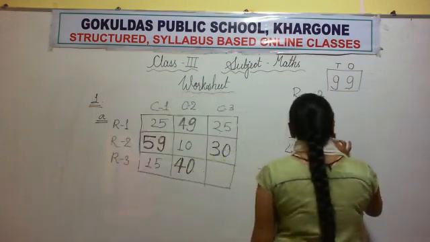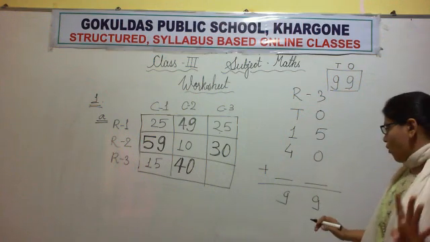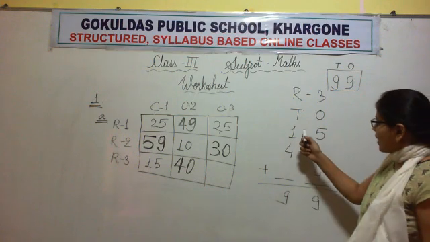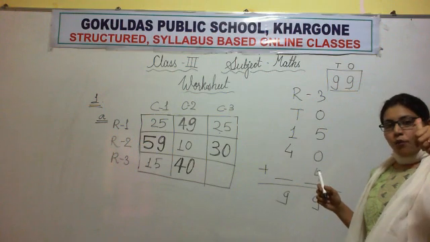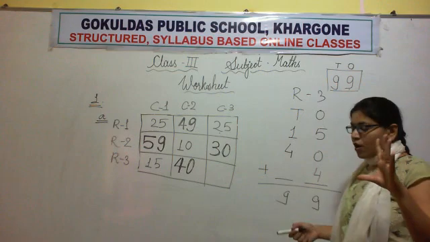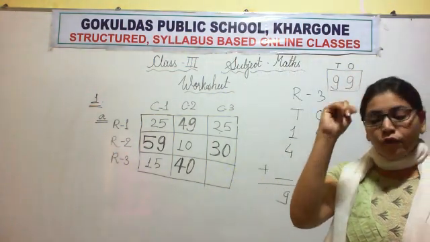Now what we will add in this 5 to get 9? Very good. We will add 4 because 5 plus 4 is 9. Now 1 plus 4. 1 and 4. How many? 5. And how much will add in this 5 to get 9? We will add 4.